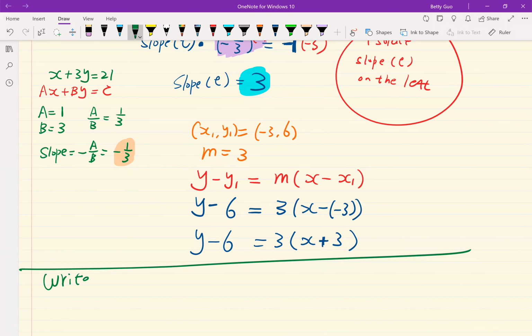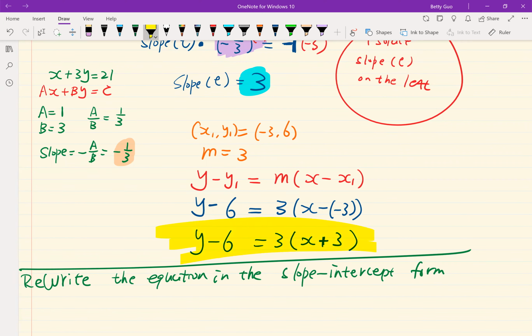I'm also going to ask you to do the same thing for this problem. Rewrite the equation in the slope-intercept form. We got the equation in the point-slope form. I want you to solve the equation for y. Isolate y on the left-hand side of the equation to get the slope-intercept form of the equation. Take your time.